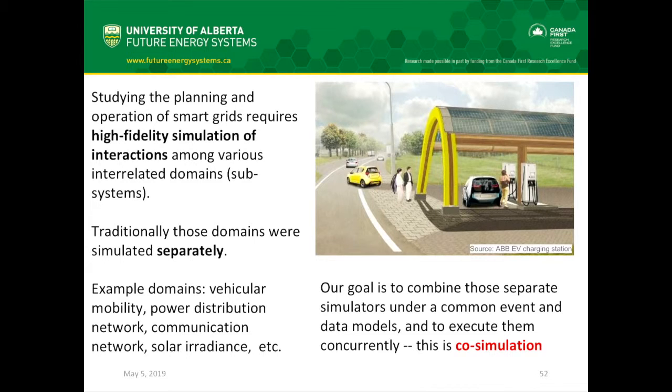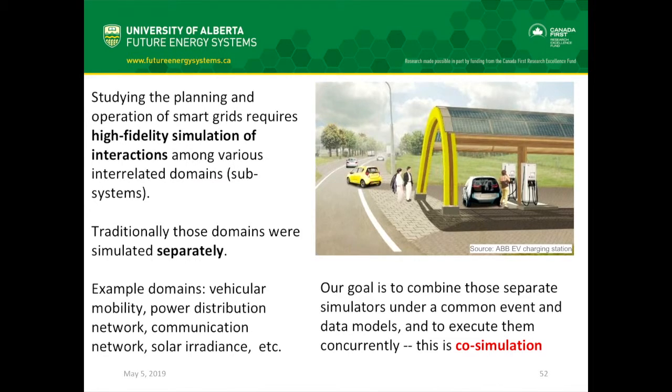Imagine that you need to allocate power in an EV charging station. In order to create the control algorithm for this station, you need to have some information. You need to know when the EV arrives at the charging station. You need to know something about mobility.